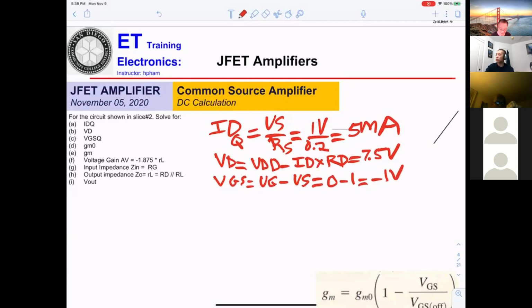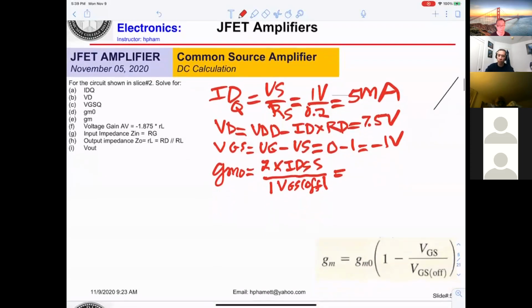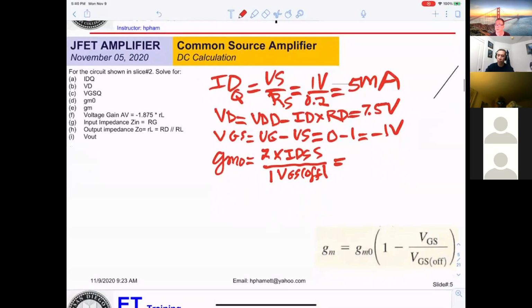Now gm0 will be 2 times IDSS divided by the absolute value of VGS(off). Is it 7.5? Oh, excuse me.